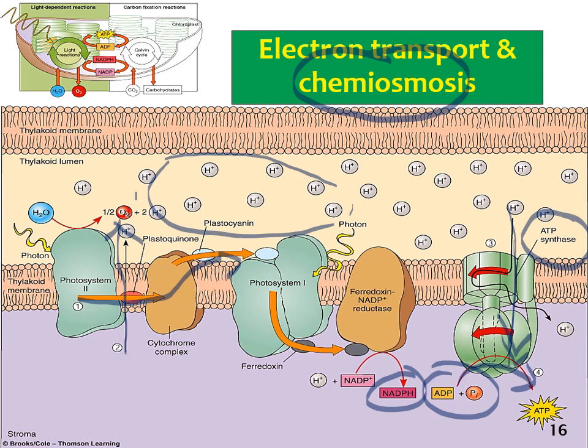Because in non-cyclic photophosphorylation there is production of NADPH. NADPH is the result of the final, the last electron acceptor being NADP+. It will accept the last electron, together with the combining of the proton, H+, so NADP+ is reduced to NADPH.